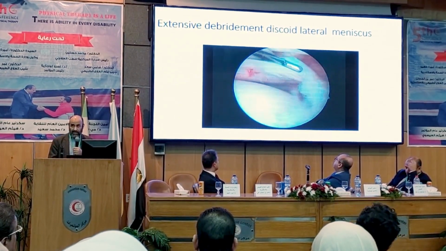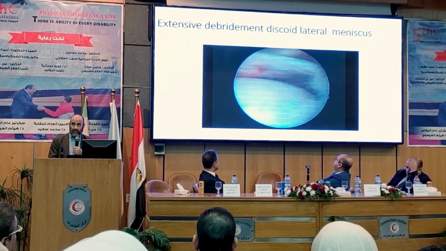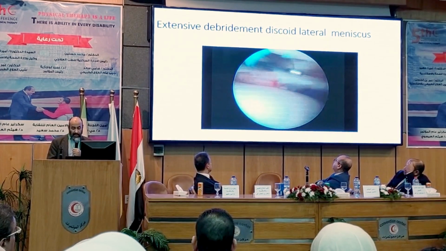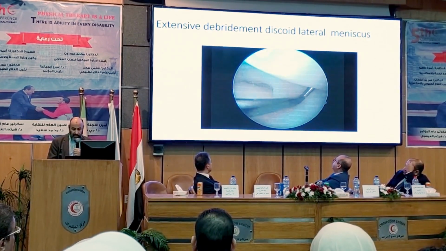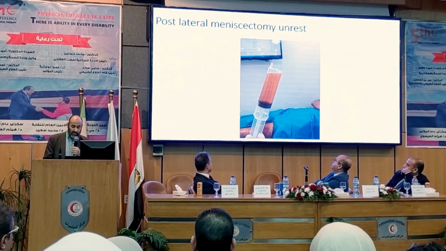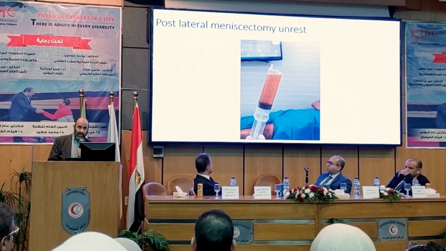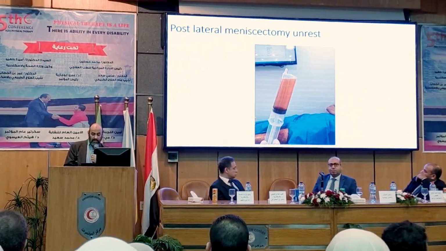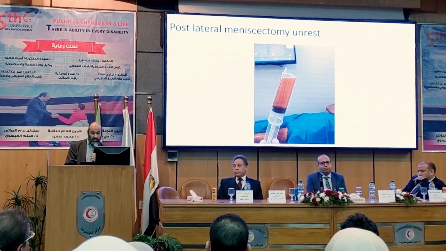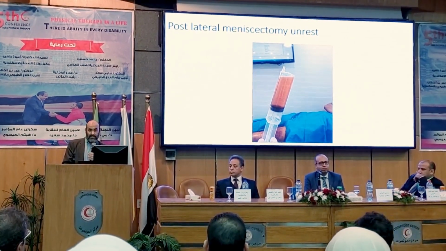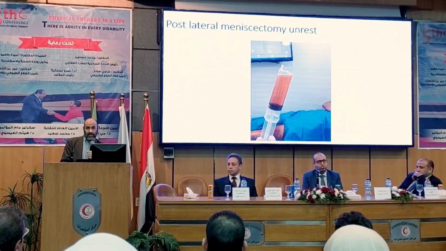However, this rim is not capable of performing well, and the knee function is going to be not like before. This patient now comes to me every 1 or 2 months with effusion, pain and an unsettled knee, and this is the last sample of his aspiration from a few days ago. So this is the post-lateral meniscectomy unrest, which we should all recognize and try to prevent.